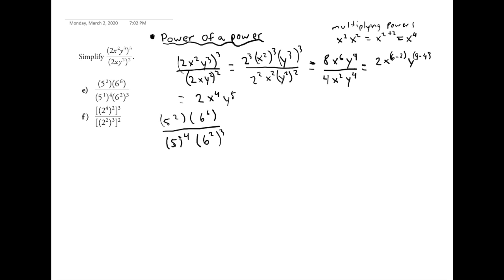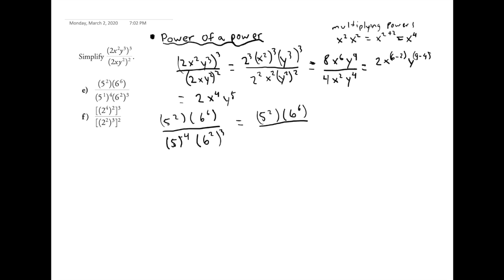So now we're going to apply this rule to every single one of these 4 terms. On the top, we're just going to leave it the same because there's no exponents to multiply by. So we're just going to have 5 squared, 6 to the power of 6, and then we're going to have 5 to the power of 1 times the exponent of 4.